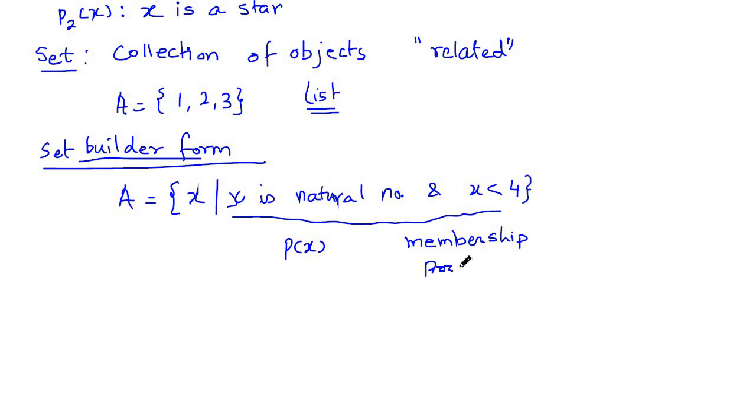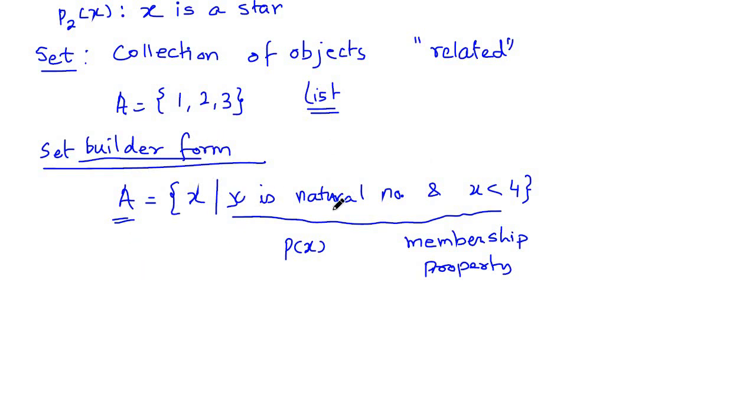For anything to lie in this particular set, any number or any object, it has to fulfill this membership property. It has to bear a true truth value for this membership property.